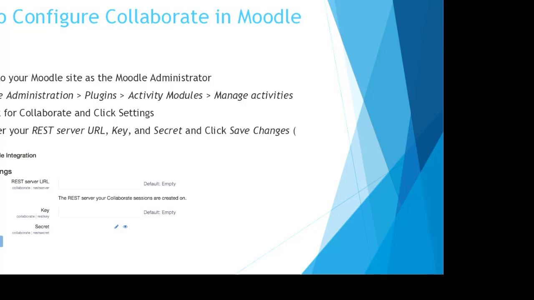Next, you're going to enter your REST server URL, the key, and the secret, and click Save Changes. Once you've done that, your Collaborate will be set up to use within your Moodle classes. Now, to get this information, if Blackboard has not emailed you that information, just put a ticket in, and Anita and her team will quickly get that information over to you.